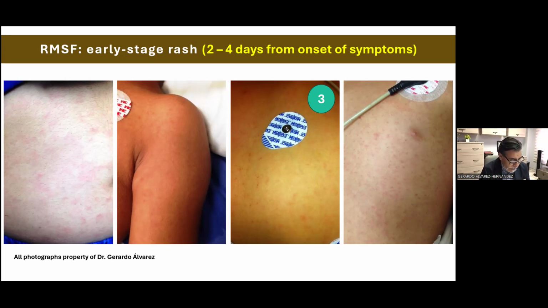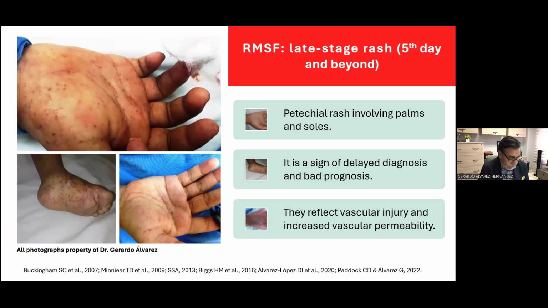However, in the late stage, and when I say late stage, it's not a long period of time. We are talking about the fifth day and beyond from the onset of symptoms.